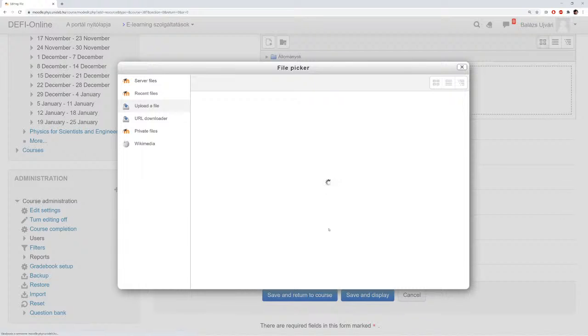Can you double check whether you can download it from the Moodle? I hope yes. Just a minute, you can see it in a second. Wow, that takes time.